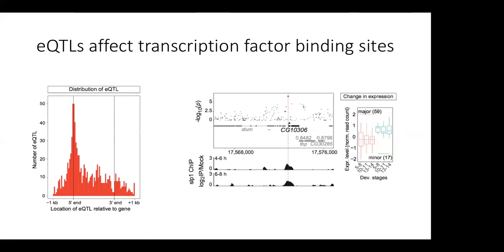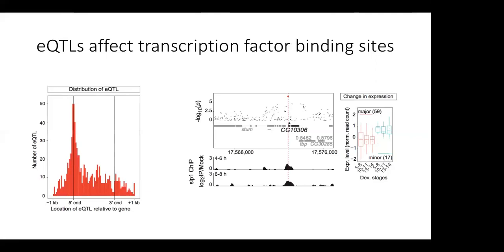And we see that sloppy paired ChIP-Seq shows occupancy of the transcription factor exactly in this region. And as you can see on the change in expression box plot, there are significant differences. There is an increase in the minor allele in comparison to the major allele. And this is in concordance with the role of sloppy paired, which is a repressor.